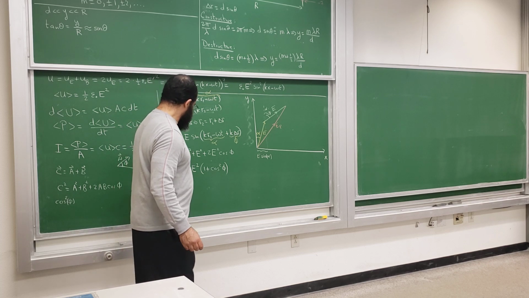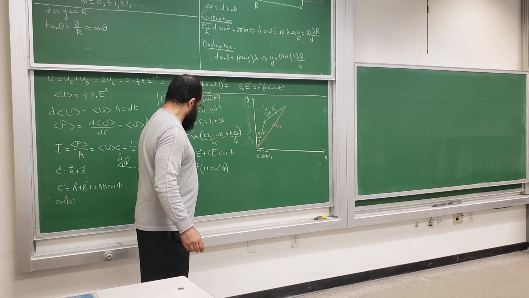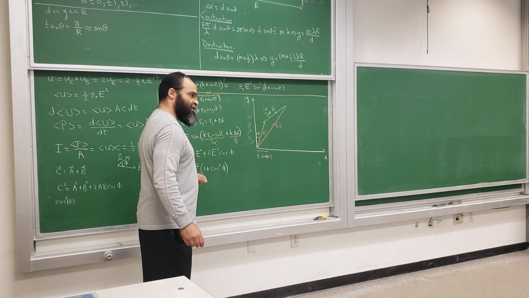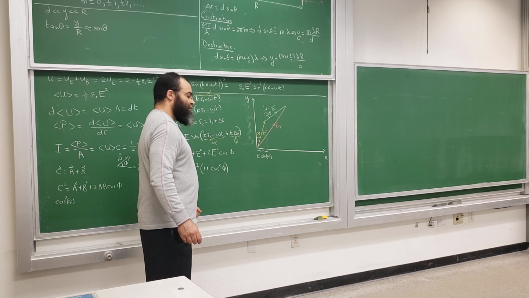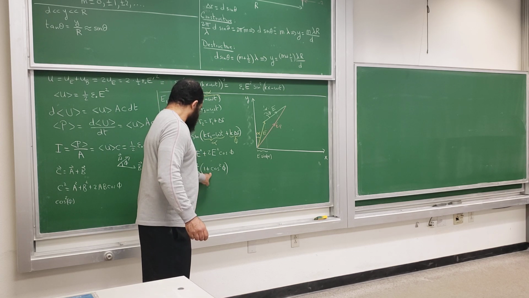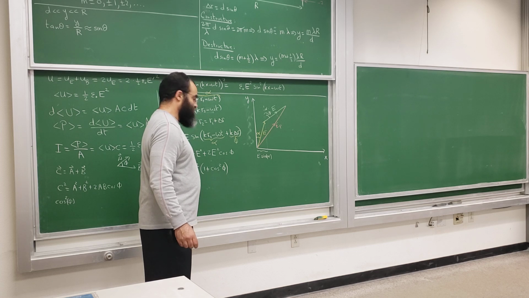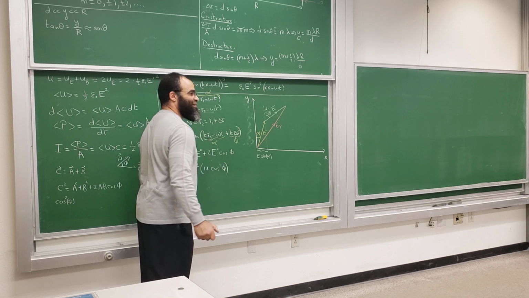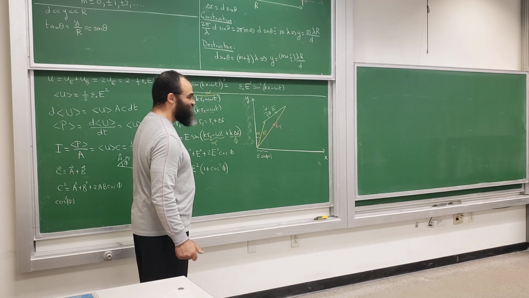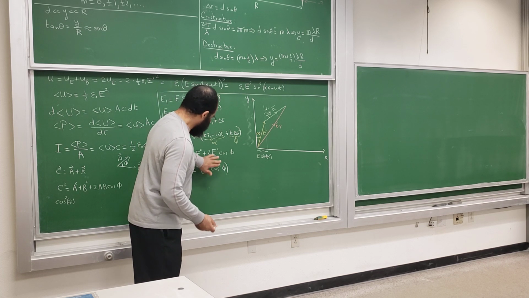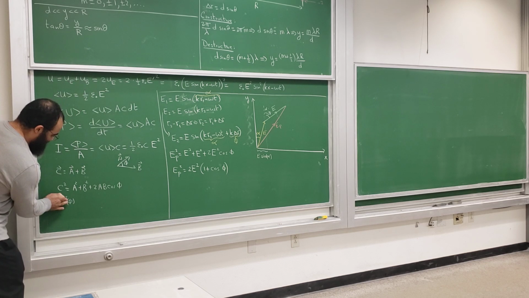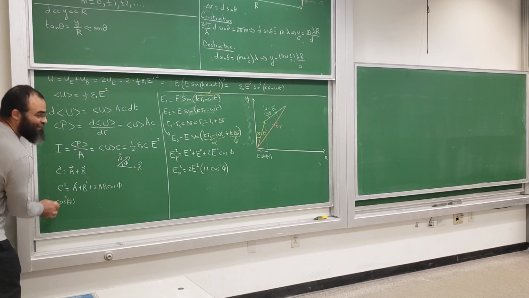The 2 is good. I factored, this is E squared plus E squared, that's 2E squared. Plus, yes, it is plus. Now, the cosine should not be squared. This shouldn't be squared. Okay, yeah, that should not be squared. And I realized that when I wrote it here, okay?